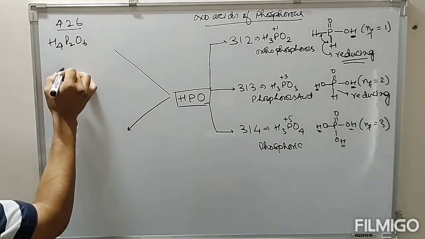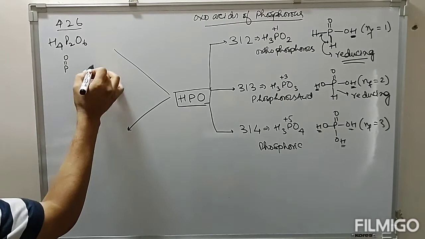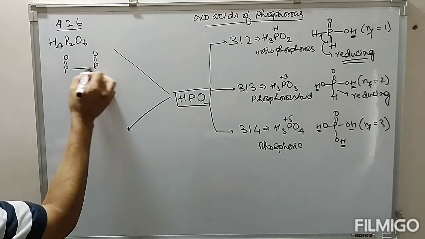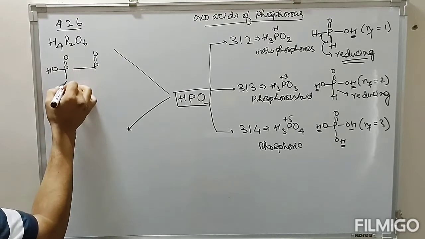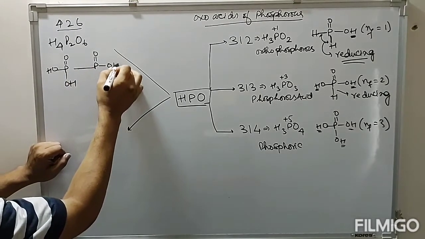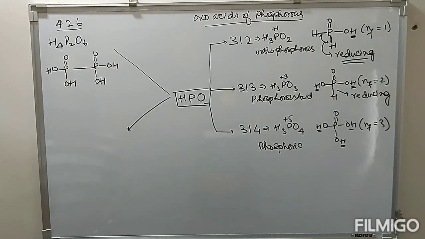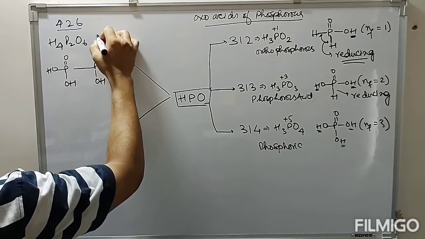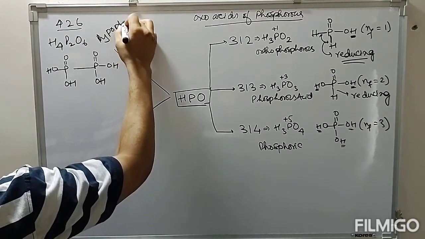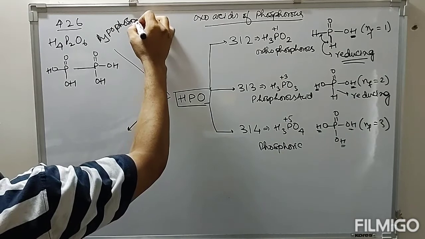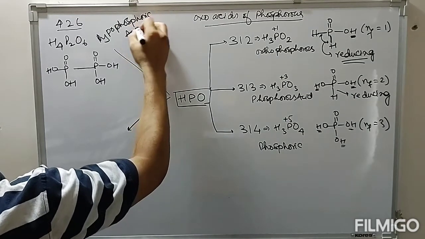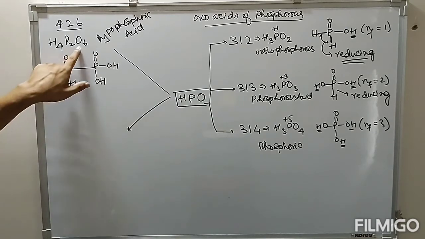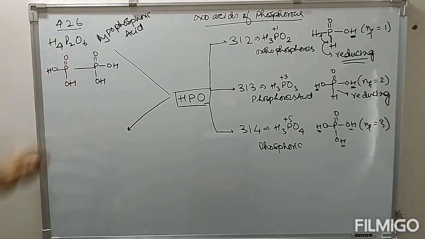If you look at the structure, P, this is the structure of H4P2O6. This is known as hypophosphoric acid. Hypophosphoric acid, oxidation state +4.